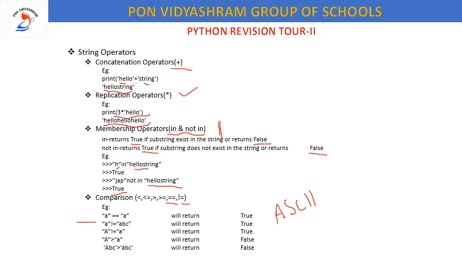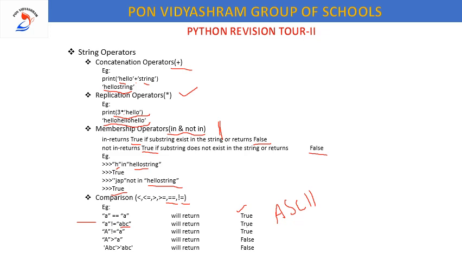The first one, A equal to A. I said it's a comparison operator. A equality to A, yes, will return true as a value. The next one, A not equal to ABC. Yes, the A string is not equal to ABC. Here I have only a single character, and here I have 3 characters. I have given not equal to, so it returns true.